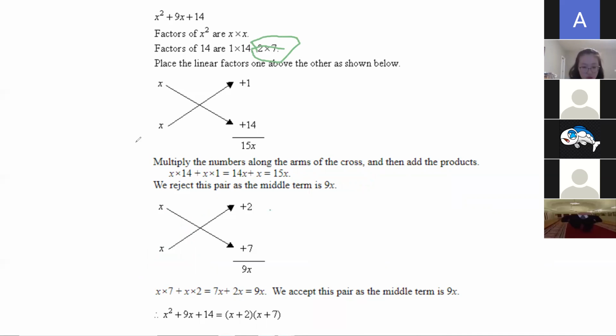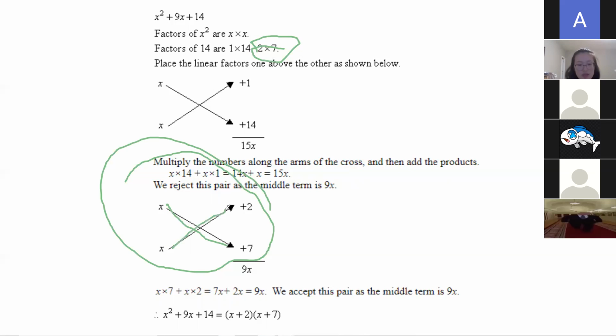Those would be our final cross method, because 7 times x plus 2 times x equals 9x, and 7 times 2 equals 14. Does that make sense, everybody?